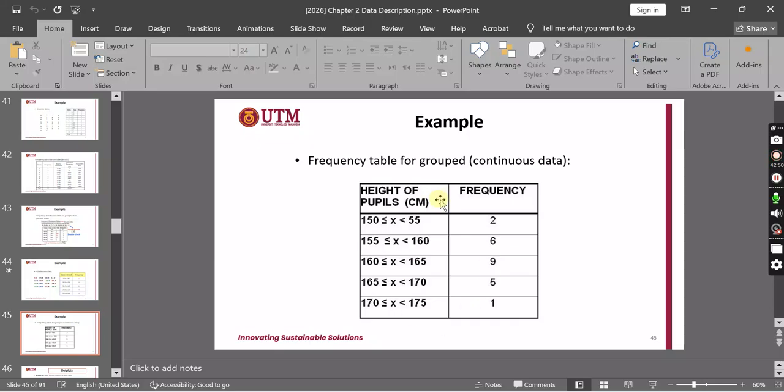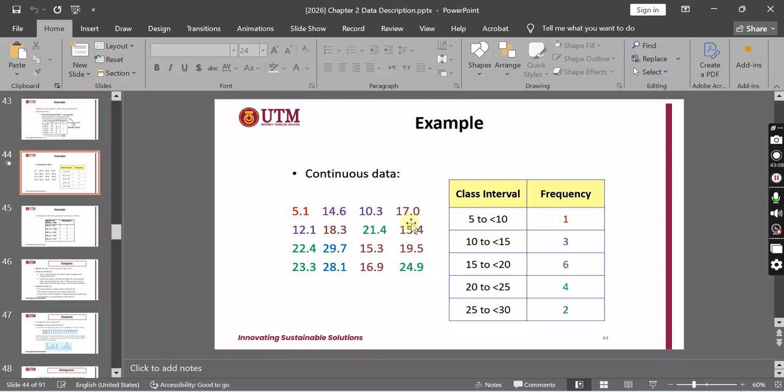There's another way you can show the tables. For example, here we have 150. That means x, which is the variable. X is a variable. Also here we can put x, with the sign: x greater than or equal to 5 and x less than 10.